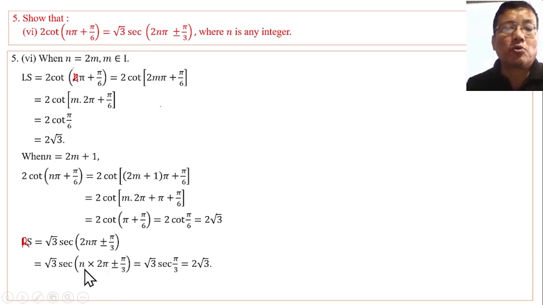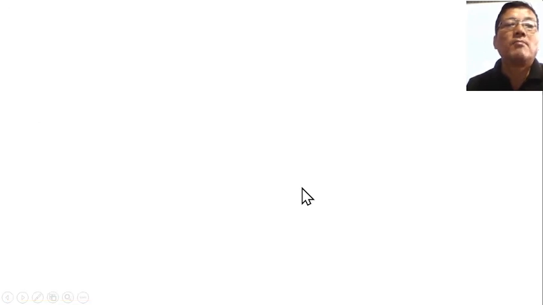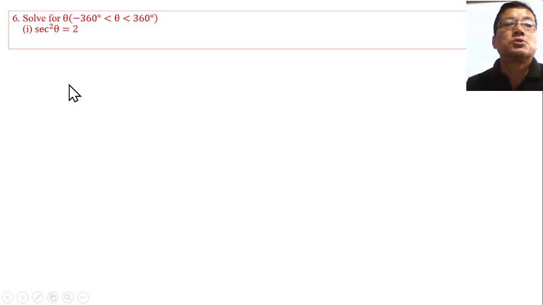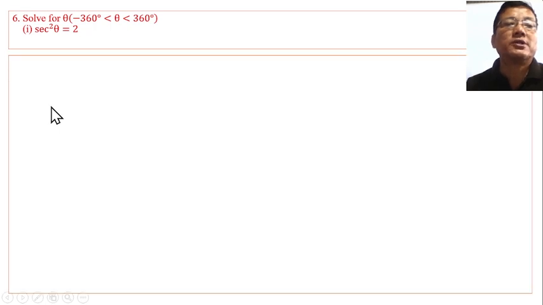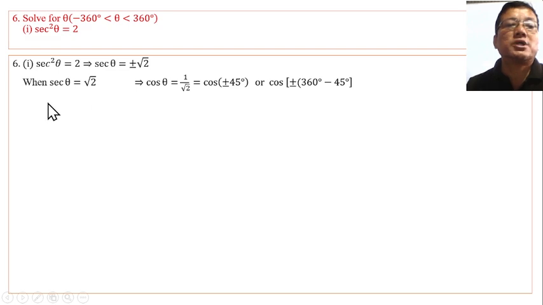Twice pi, n into twice pi, or the sec of this angle plus or minus pi by 3. Equal to... solve this. Sec square theta is 2, so sec theta plus minus root 2, sec theta is root 2.